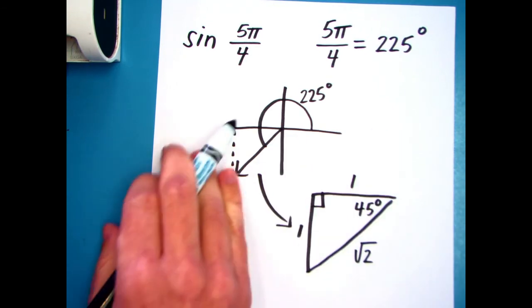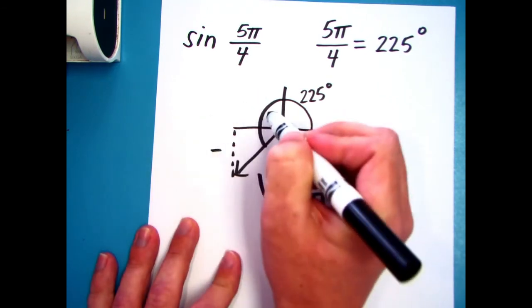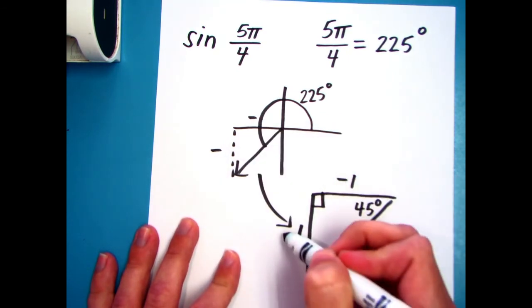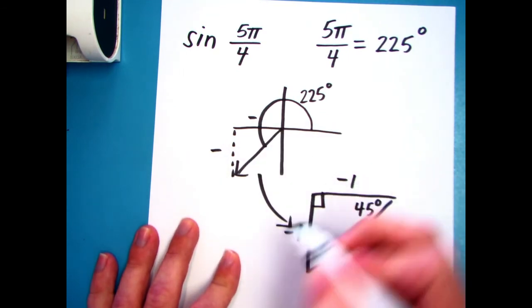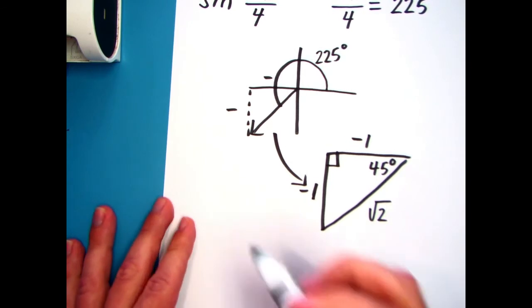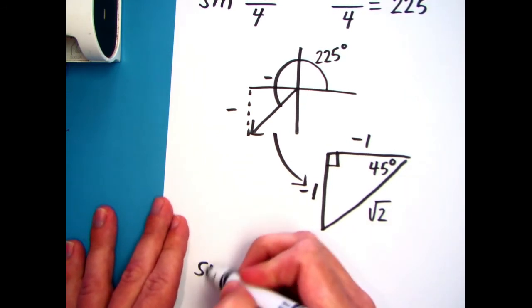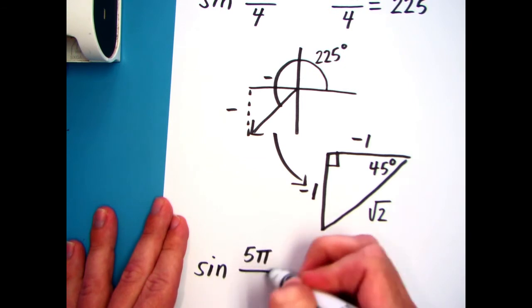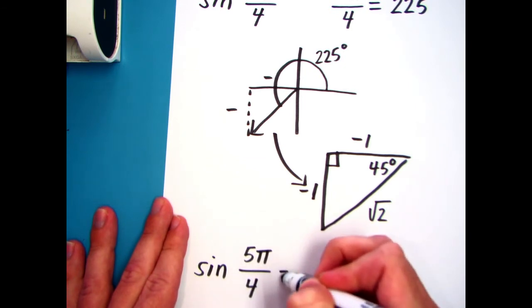If you look at your picture, both 1s are in the negative direction. Negative x and negative y direction is seen here. So I have negative 1, and the hypotenuse is always positive, so I have positive root 2.